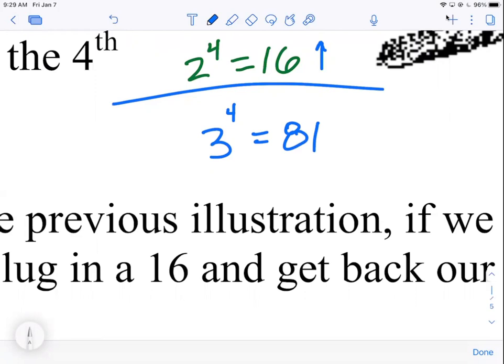Now you're going to have to slide a log back in. And where do things go? 3 is the base. So log base 3 of 4 is 81, right?